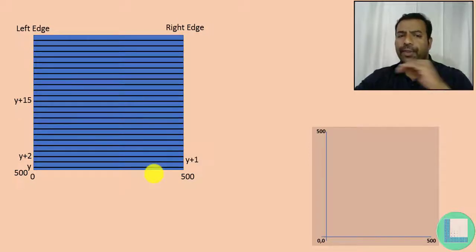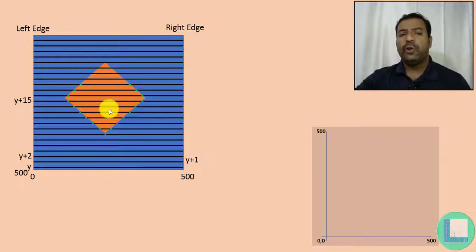And now if there is a polygon and I want to fill only this polygon, just look at this. If you observe the polygon and the scanline, there are going to be intersection points. This is what I need to find. Now for this particular scanline, this is the left intersection and this is the right intersection.